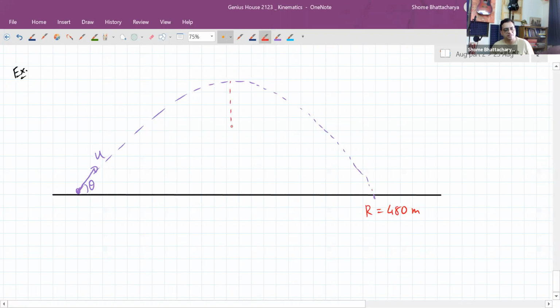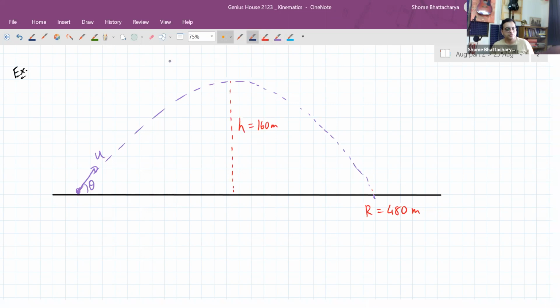The maximum height is given to us as 160 meters.